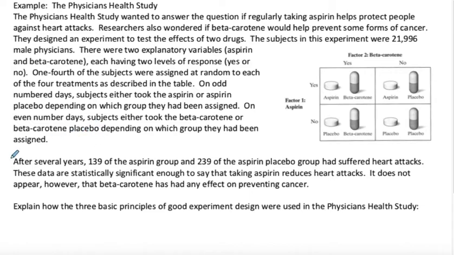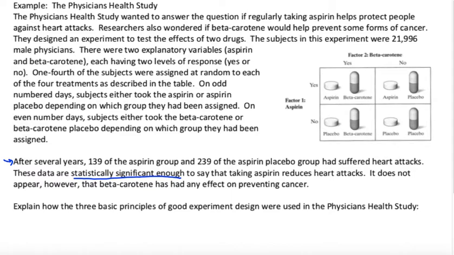After several years, 139 of the aspirin group and 239 of the aspirin placebo group had suffered heart attacks. These data are statistically significant enough to say that taking aspirin reduces heart attacks. It does not, however, appear that the beta carotene had any effect on preventing cancer.